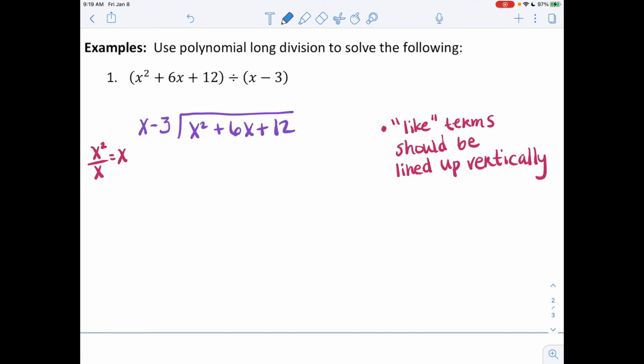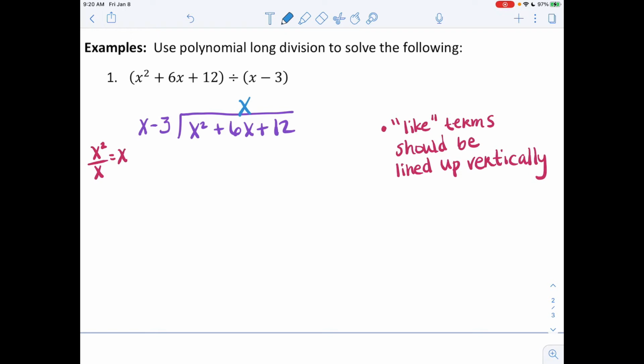Whenever we write part of our quotient, we want to make sure that we align like terms vertically. When I say how many times will x divide into x squared, the answer is x times, but I'm going to write that answer up here.